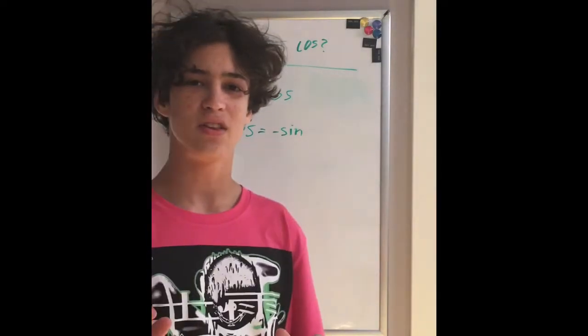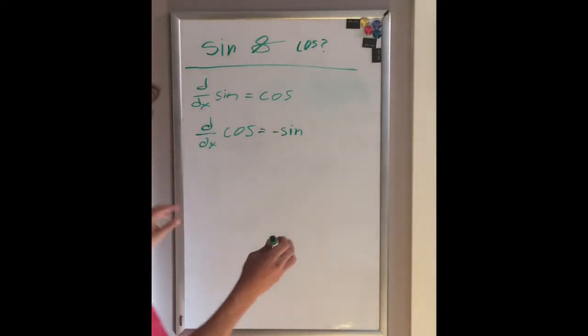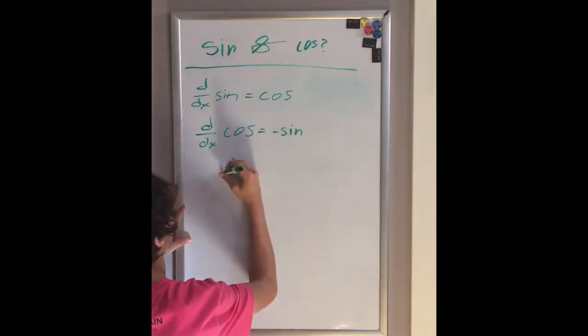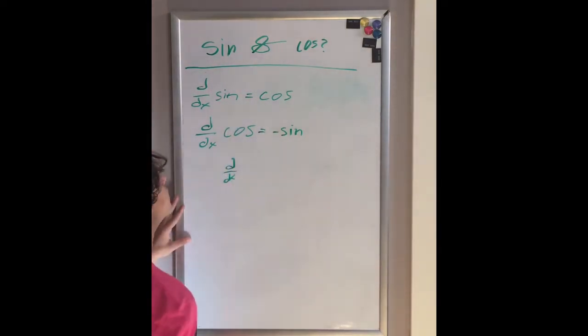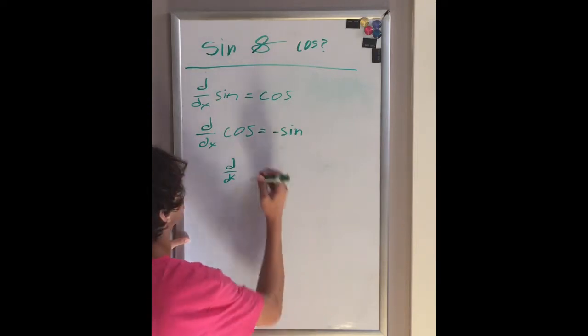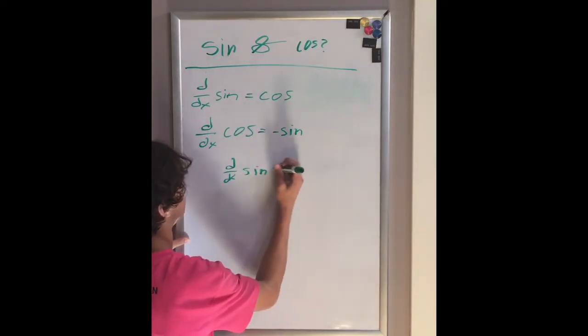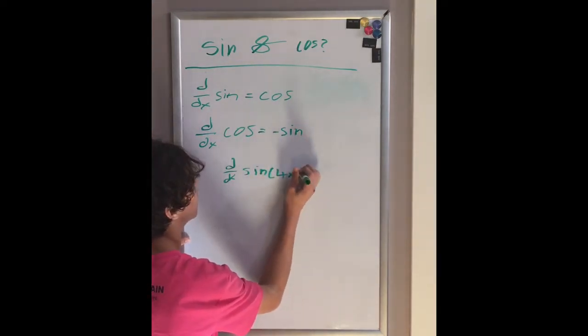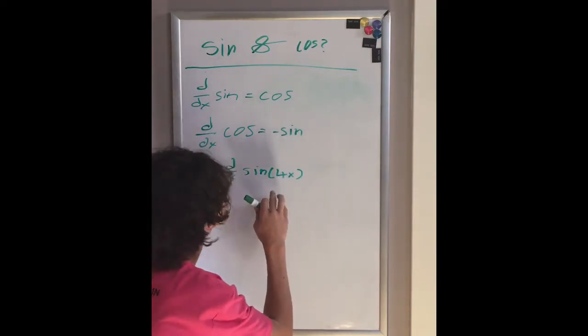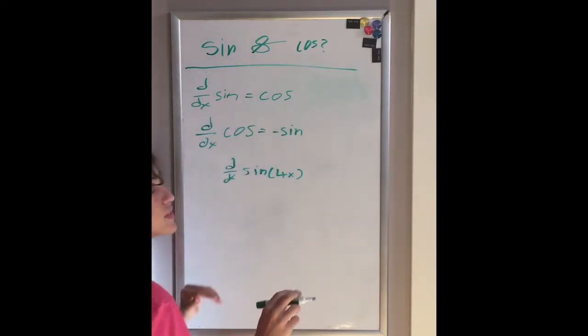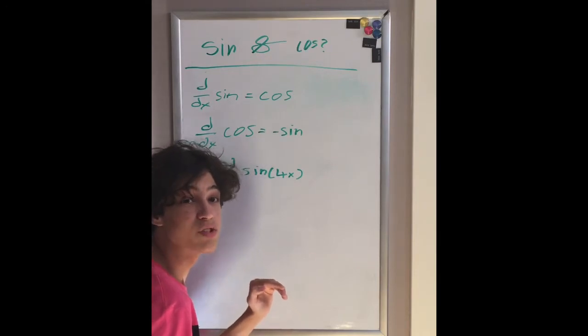So let's say we're taking the derivative of sine of 4x. Well, how are we going to do this? Really, we're going to apply chain rule as well.